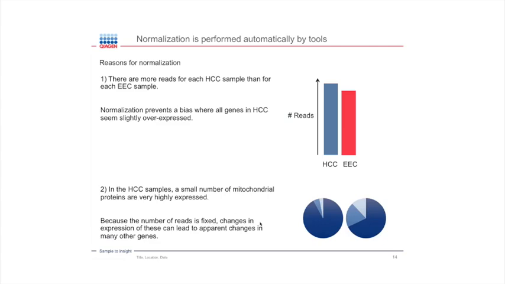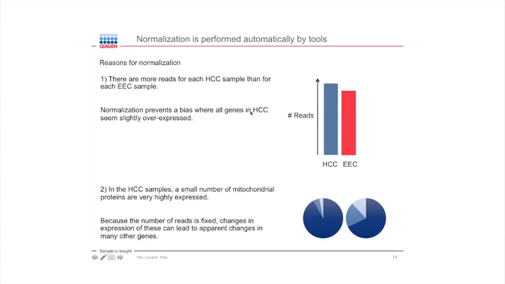And there are two biases in these samples. The first one is that in the HCC, there are on average 30 million reads per sample, and in the EEC, there are on average 25 million paired reads per sample. That means that if we didn't normalize for the number of reads, then even genes that aren't actually differentially expressed would be slightly overexpressed in HCC compared to EEC.